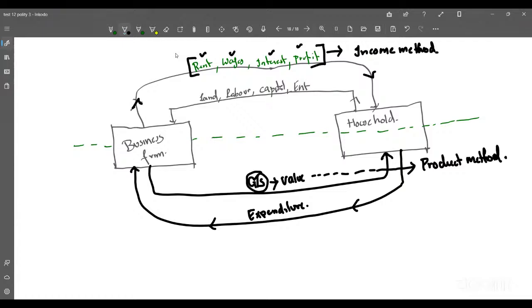All the expenditure done by the household can also be calculated. In total, the expenditure done by the household should be equal to the income. Yes or no? So this method is called the expenditure method.